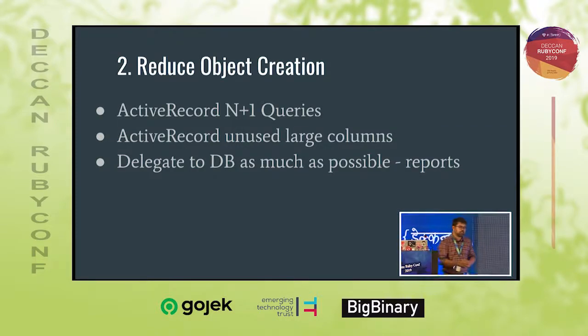So that's about that. Next is delegate to the DB as much as possible, specifically for reports. This is the case where you have some of the pages or some of the reports or graphs where you need to touch a lot of records in your database, not just from a single model, but sometimes from different models as well. And at that time, if you are doing all of that work in Ruby, then that is a problem because you are basically creating a lot of objects in Ruby, and it's not ideally recommended.